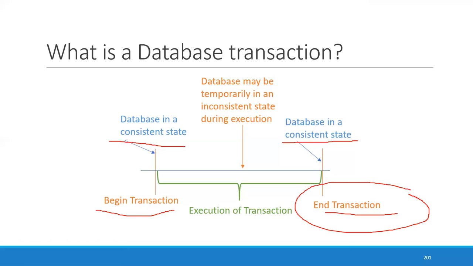During this transaction, the database may be in a temporarily inconsistent state, because we are performing some database operations here. In this situation we can say that the database is in an inconsistent state. I hope all of you understand what is a database transaction, when the database is in a consistent state, and when the database is in an inconsistent state. So, next.